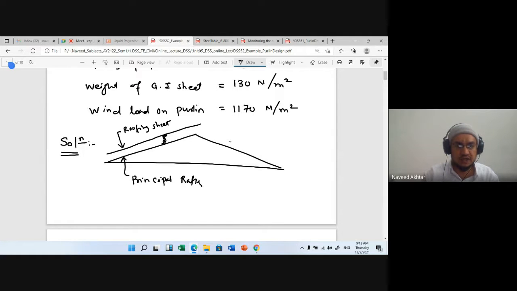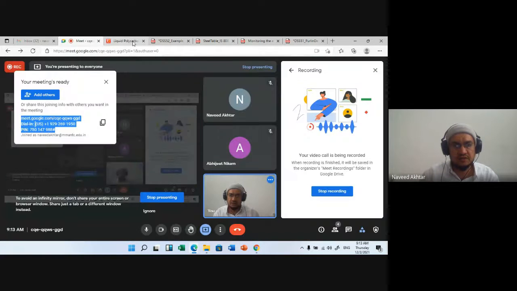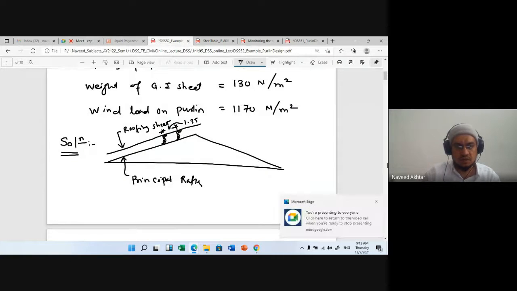The spacing of two purlins, center to center distance, is 1.35 meter. This is given in your example.